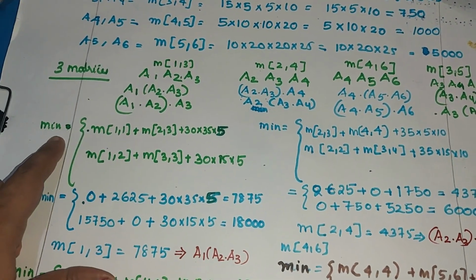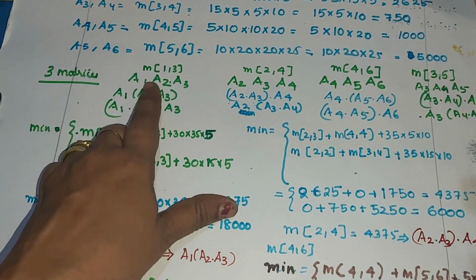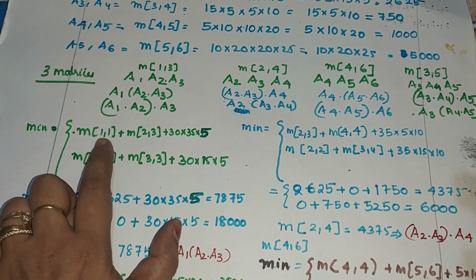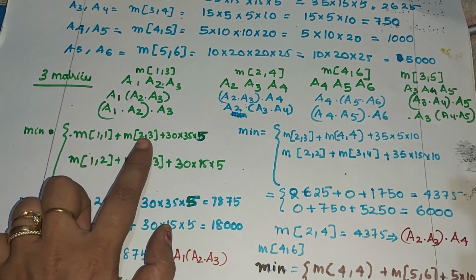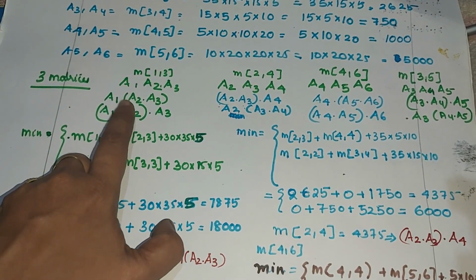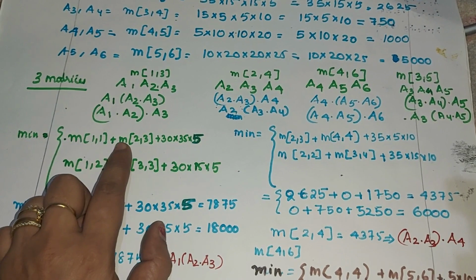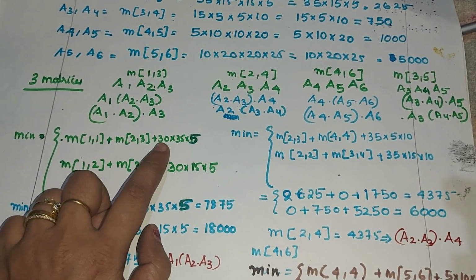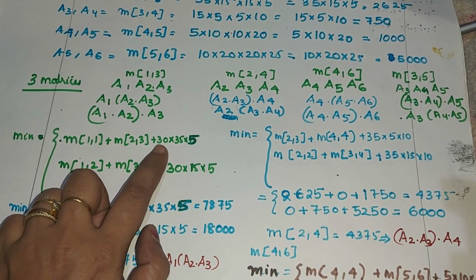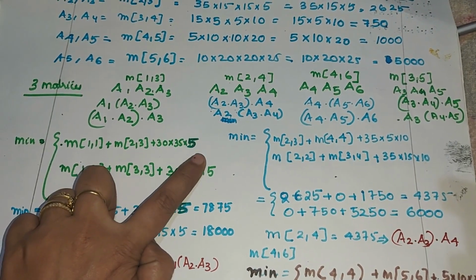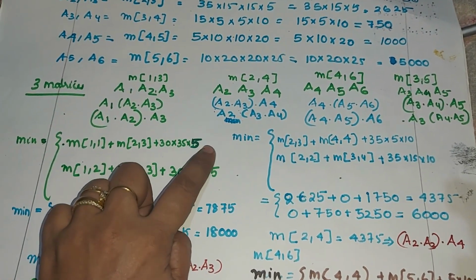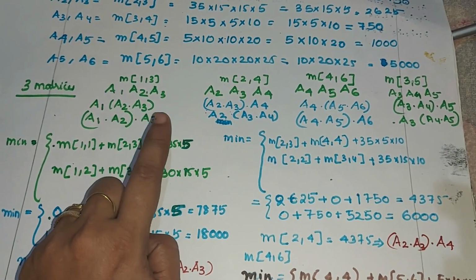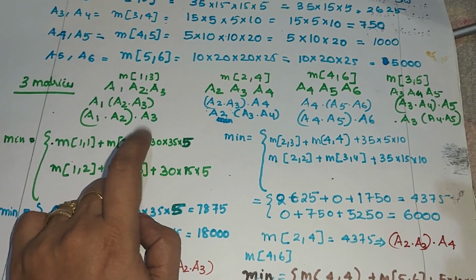So the minimum value we are going to take. If it is A1 here, we will take M1,1 plus the next combination from 2 to 3, that will be written as M2,3. Then we have to multiply 30 into 35 into 5, that is the scalar multiplication of the 3 matrices.